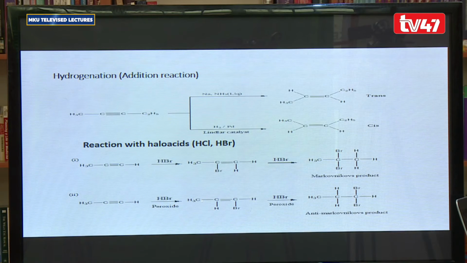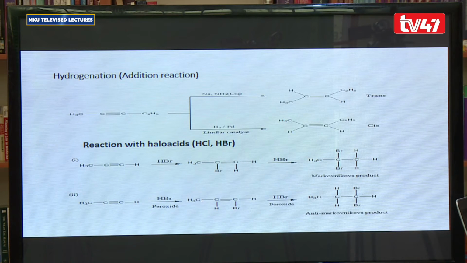So it is important to note that given a situation, if you want a trans isomer, then you can modify your reagents so that the reaction takes place in the presence of ammonia and a metal catalyst.